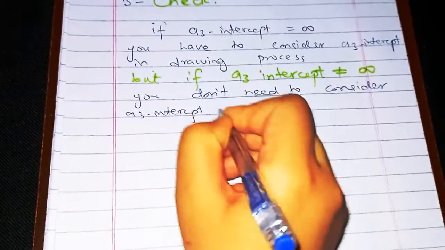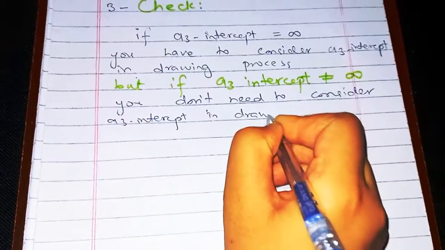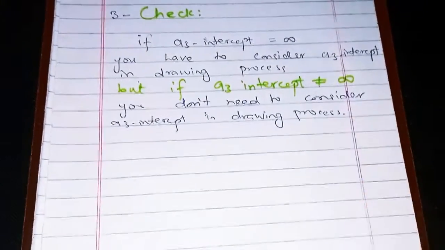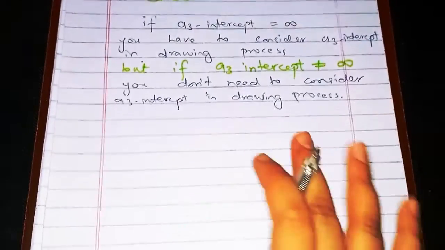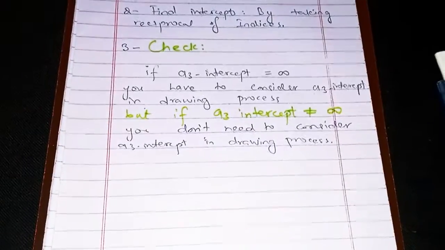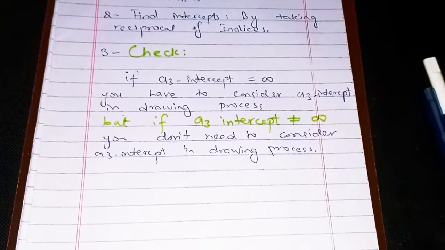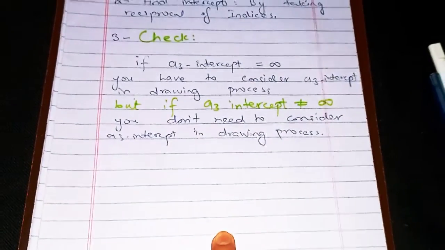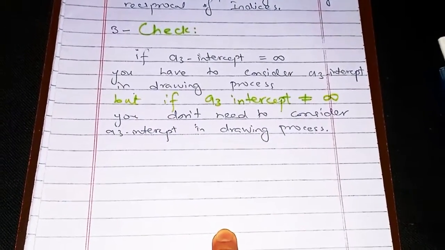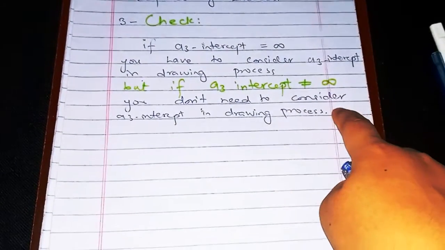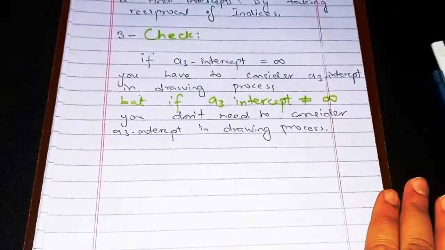That is really important because it helps you to draw the plane really beautifully, quite accurately. Okay, so that is really important because in 2 or 3 examples you'll see how applying this rule makes the process really easy. But if you consider it in that case also, the process is so complex that you can't handle it.